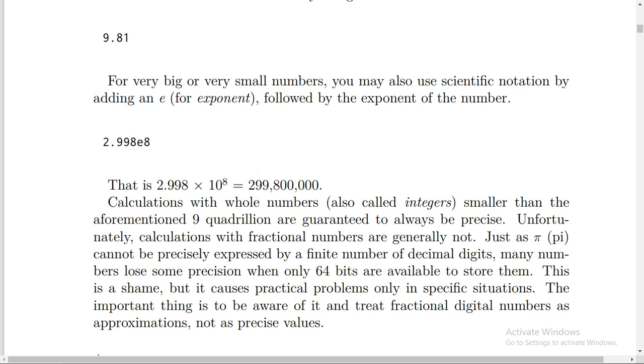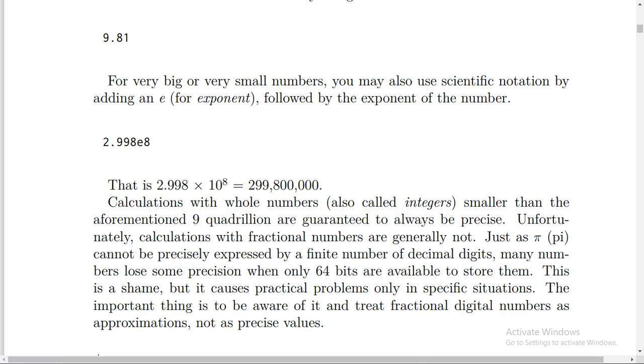Calculations with whole numbers, also called integers, smaller than the 9 quadrillion are guaranteed to always be precise. Unfortunately, calculations with fractional numbers generally are not, just as pi cannot be precisely expressed by a finite number of decimal digits.